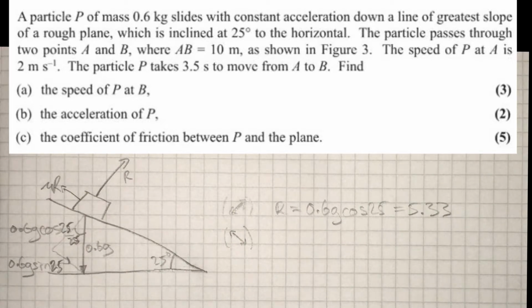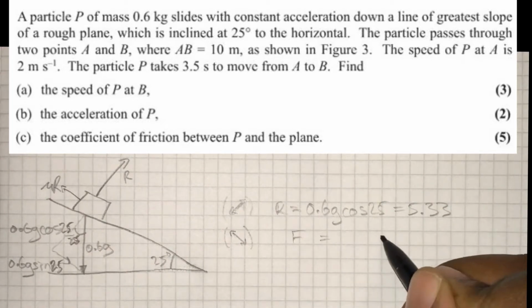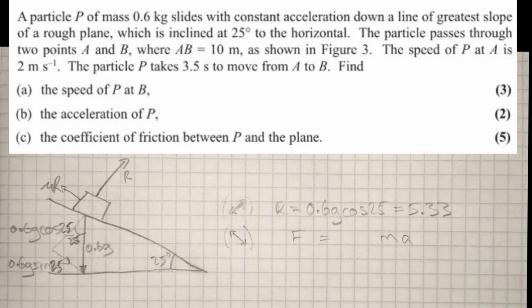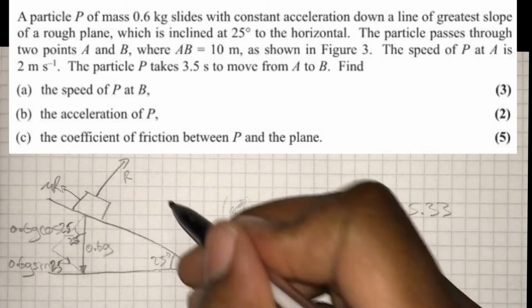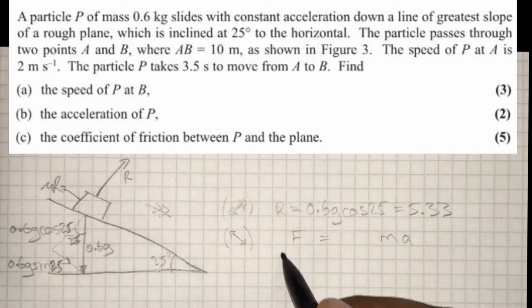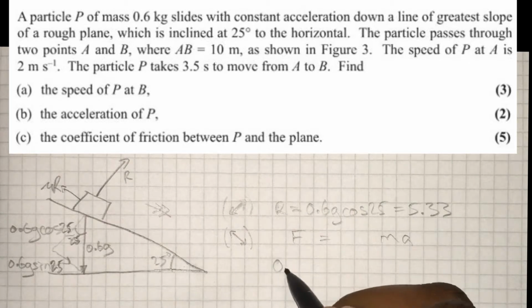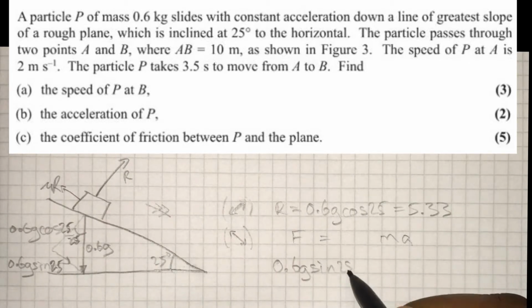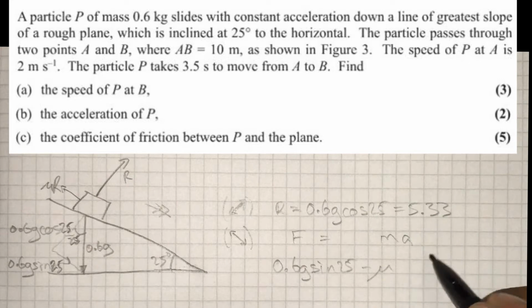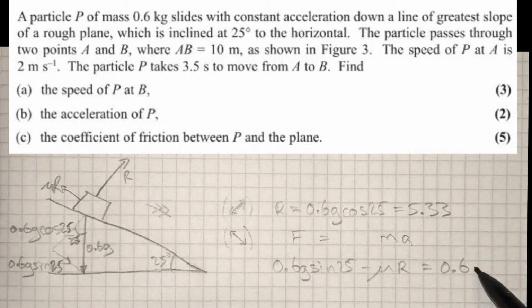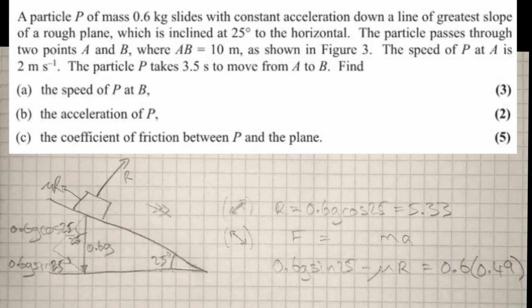Going again, but parallel to the plane. So here's where we want to use F equals ma. The positive direction is down the slope. So 0.6 g sine 25 minus the friction should equal mass 0.6 multiplied by the acceleration, which we had calculated before, 0.49.